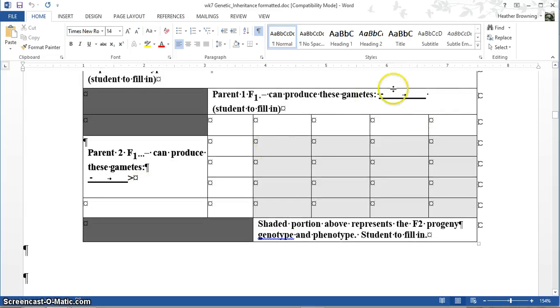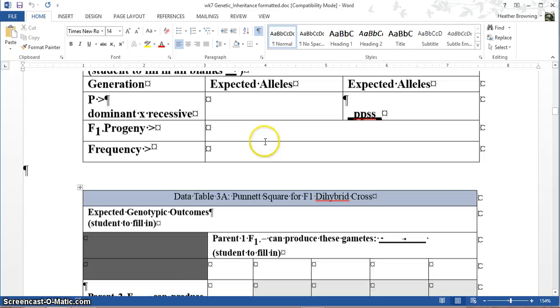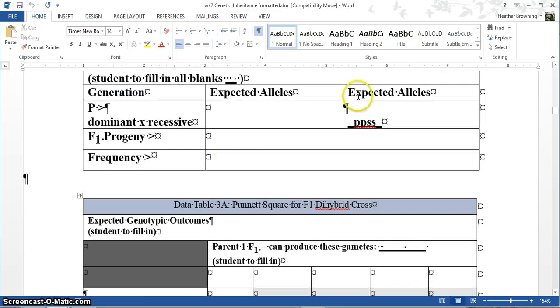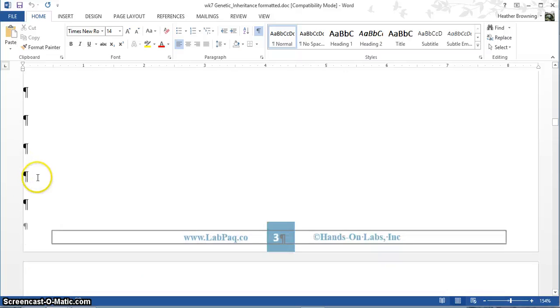So you'll have the F1's genotype, the other F1's genotype, and then you'll put it in here. So if it was big P, big S, little p, big S, whatever, and then you'll say what they would combine to create. Okay? And we're doing PSs, so that's what it's going to be.